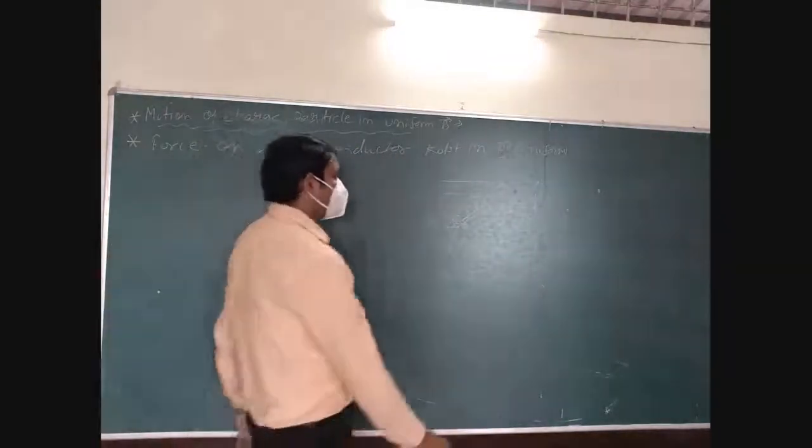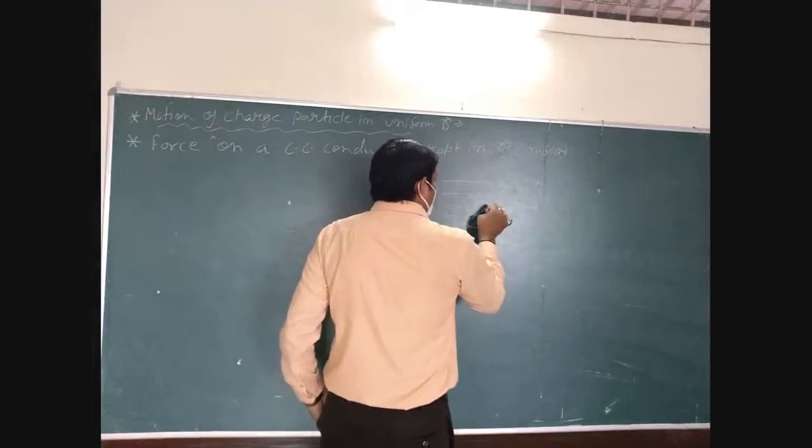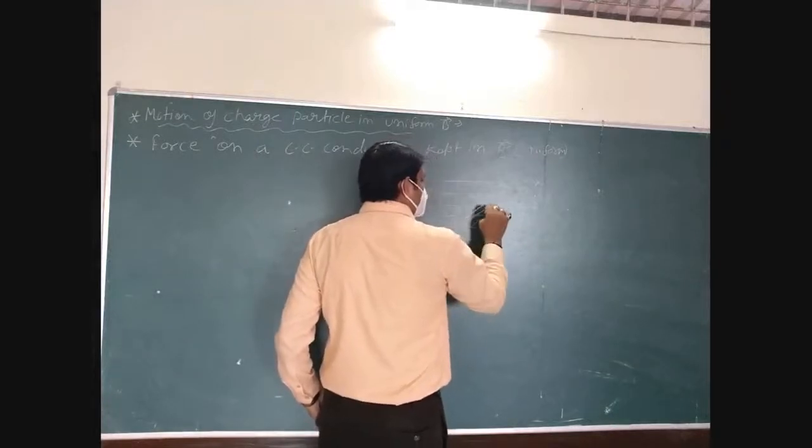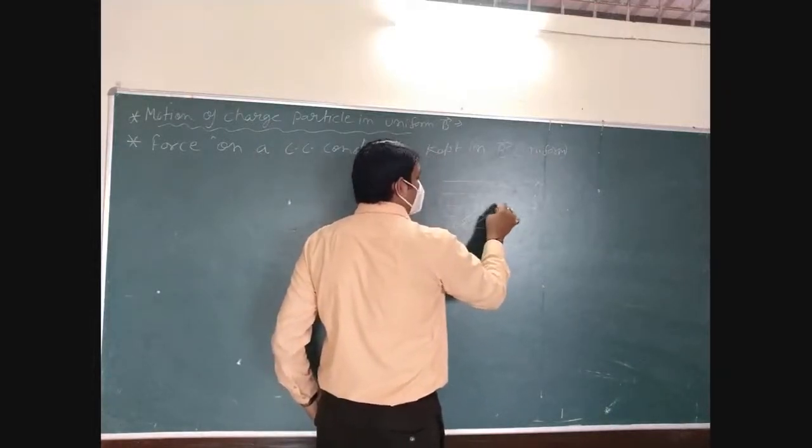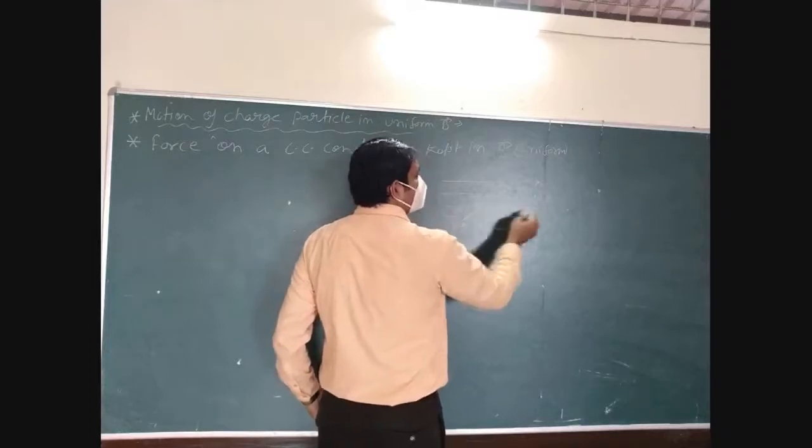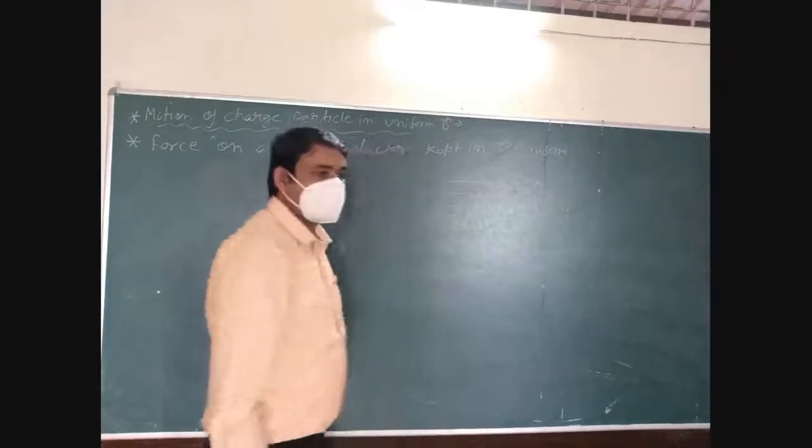Then the axis of this wire makes an angle theta with the direction of the magnetic field. Understood?